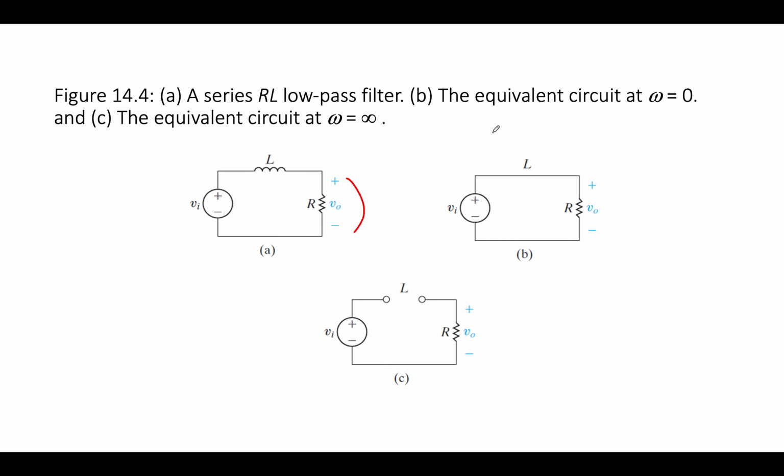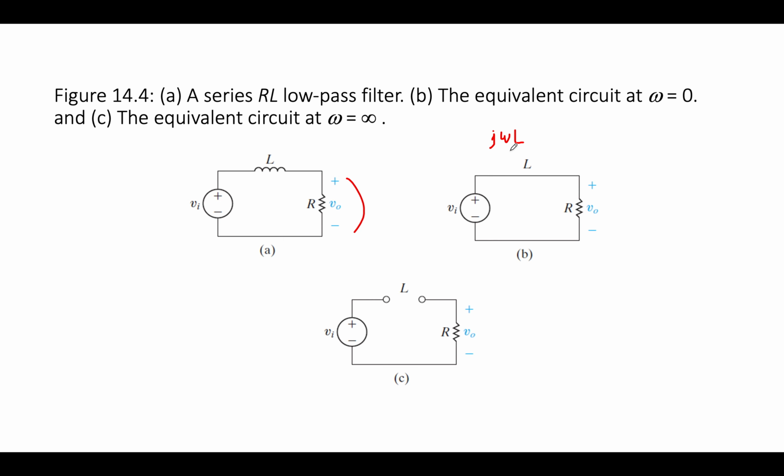Remember the impedance of an inductor is sL, and if we let s go to j omega, we have j omega L. So as omega approaches 0, then basically the inductor looks like a short. So all of the voltage at DC will appear across the resistor, meaning we are passing that ultimate low frequency voltage.